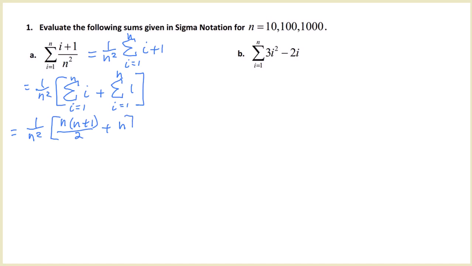So right here, I'm using those shortcuts. If I'm summing i from 1 to n, then that's going to be n times n plus 1 over 2. And if I'm summing 1 n times, then that's just going to be n.